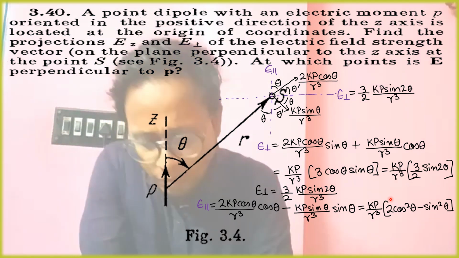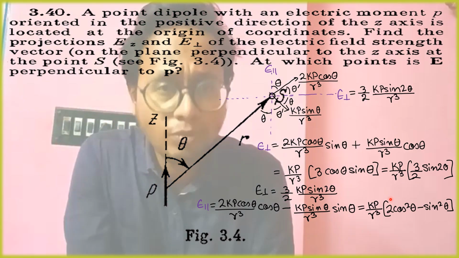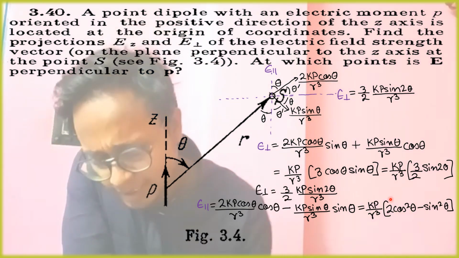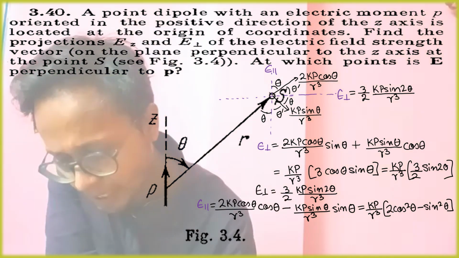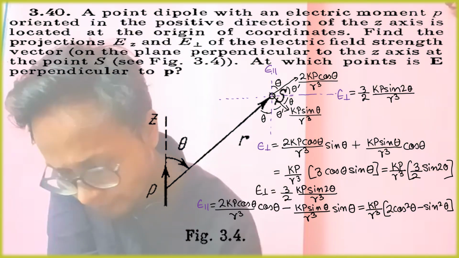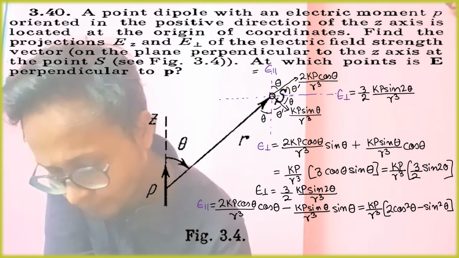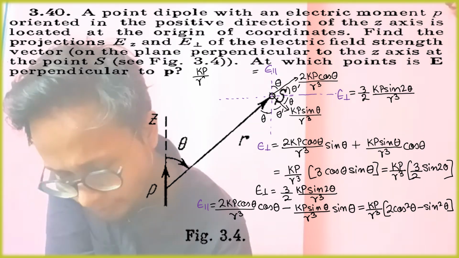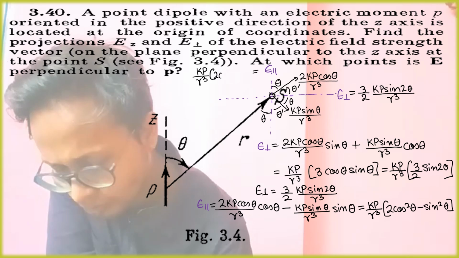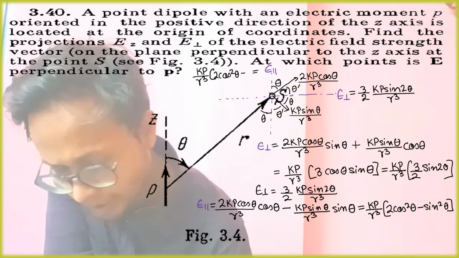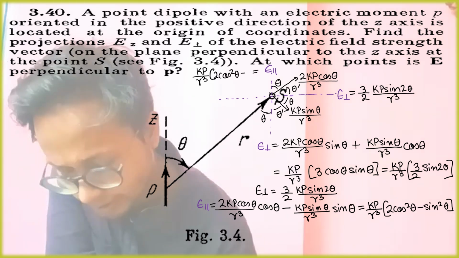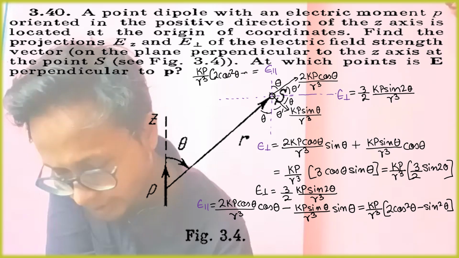Just leave the answer as this only. E parallel is equal to kp by r cube times 2 cos square theta minus sin square theta.